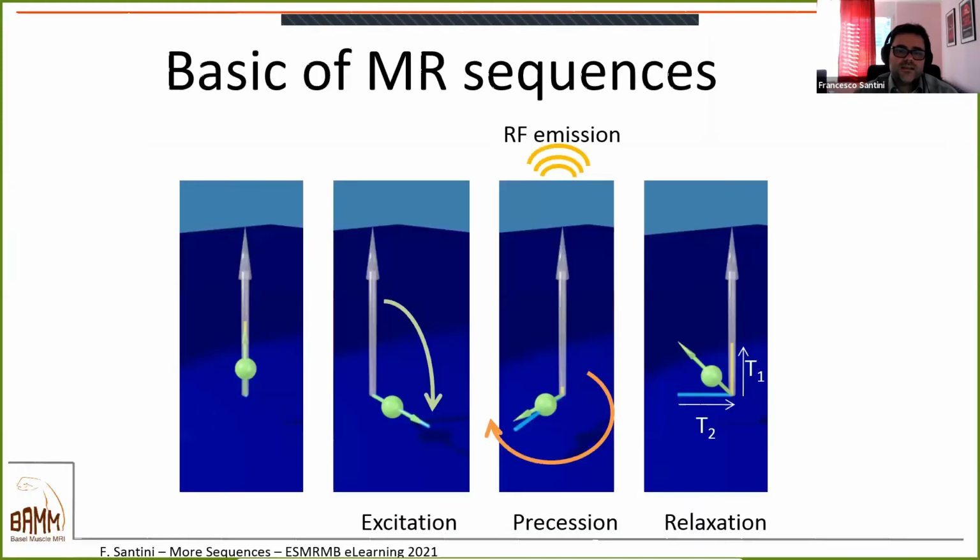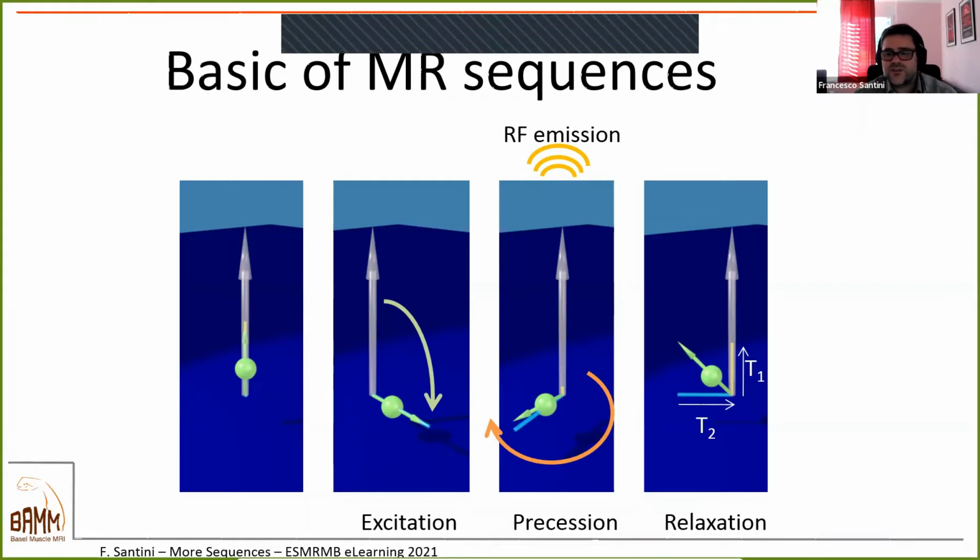We learned that the basics of MR sequences in the end are very simple. So we have our equilibrium state, then we have some excitation, and then after the excitation, we wait for a little bit. And during this time that we wait, we have some progression, and we also have some relaxation processes.